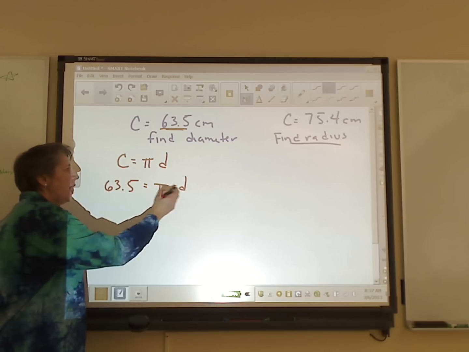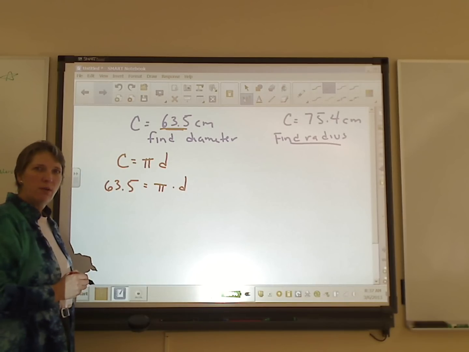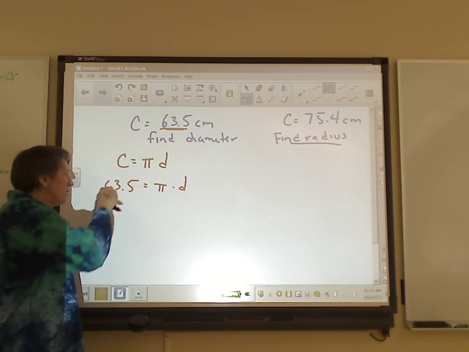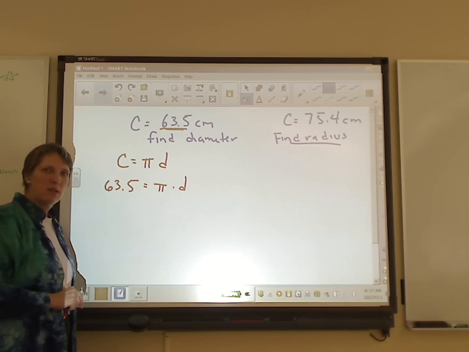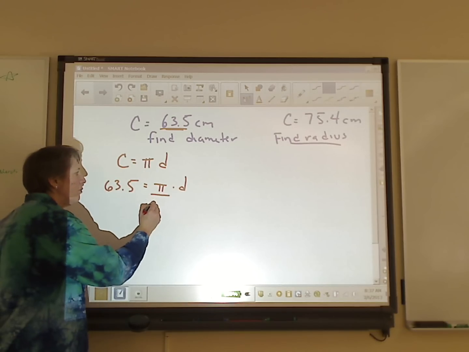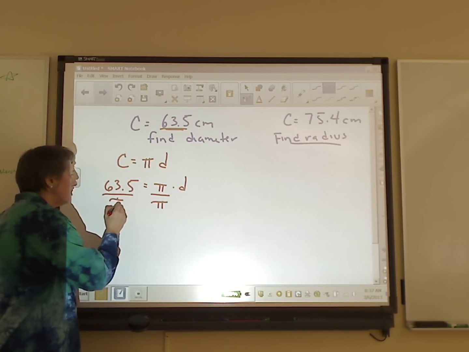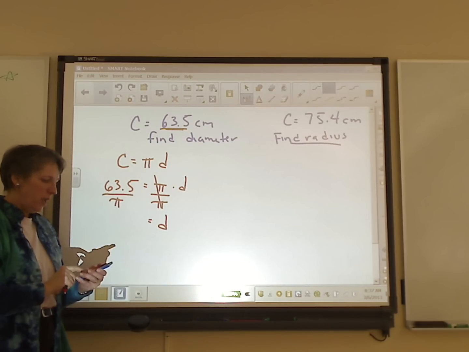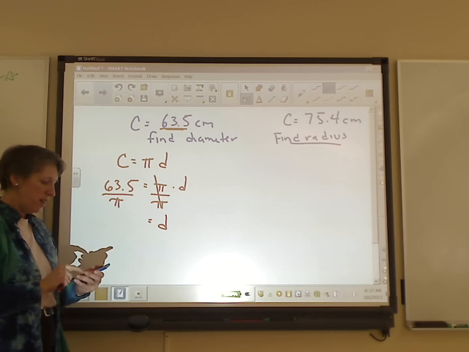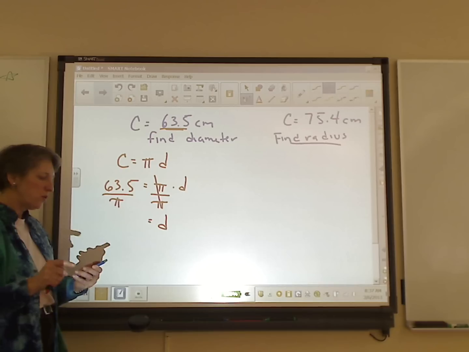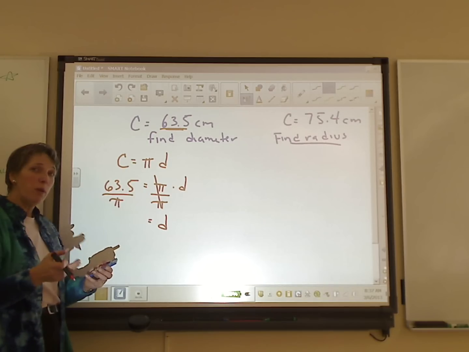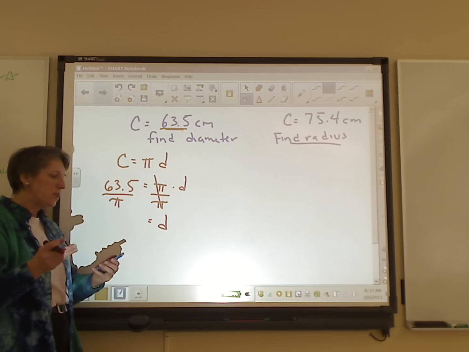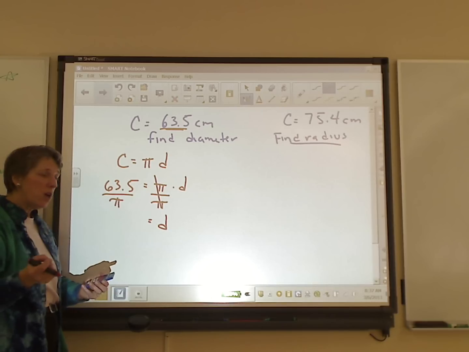So if we multiply pi times diameter, how do we undo that to find out what d is? You divide by pi. Remember, you make little fractions. This cancels. D equals 63.5 divided by 3.14. This one comes out as 20.2222929. I'm going to round to hundredths.